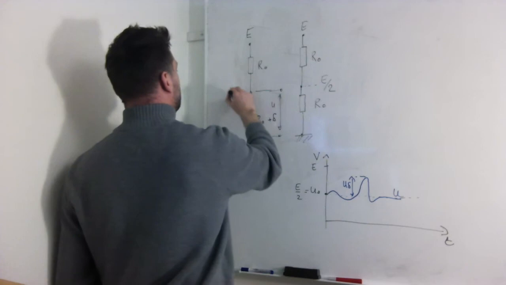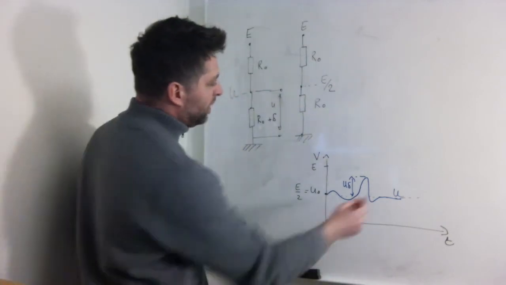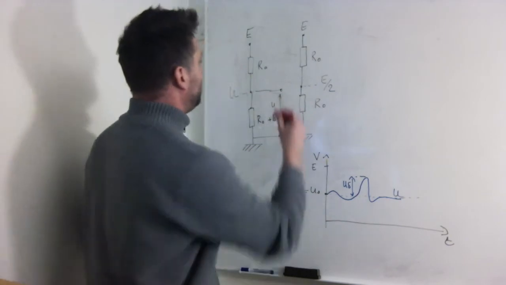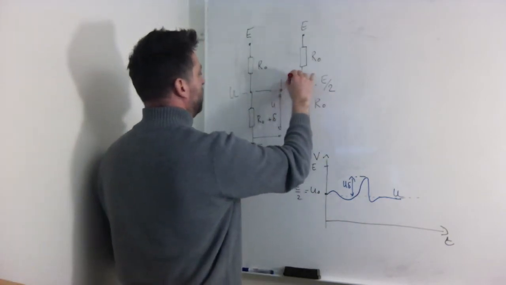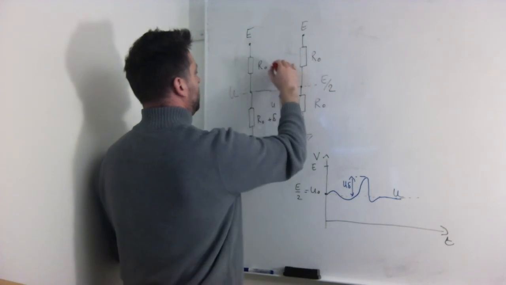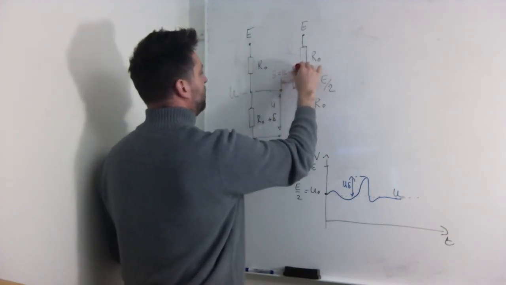And at this point I have the value U. So now I know that if I want to know U minus E over 2, I just have to measure the difference between these two points here. I will call that S. S equals U minus E over 2 equals U delta.